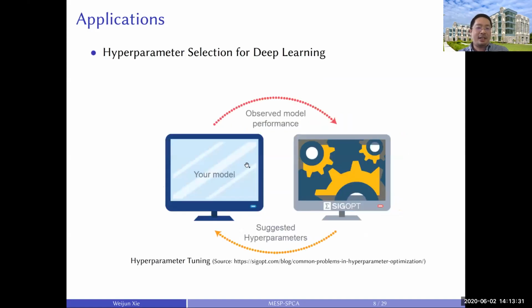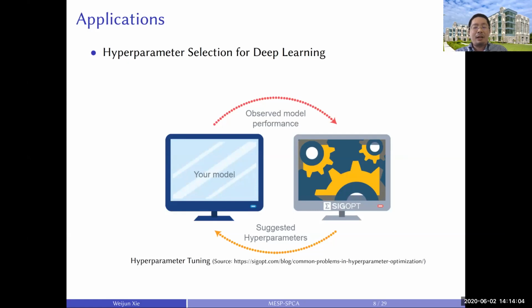And the last one is that this type of method can be applied to the hyperparameter tuning problem. Recent work shows that deep learning works very well for image processing problems and image data. But with neural networks, if you use the many available packages, tons of parameters need to be tuned before it works very well for the particular problem.